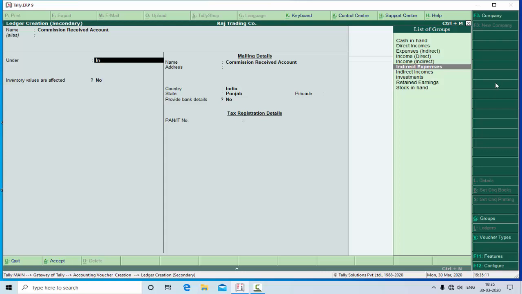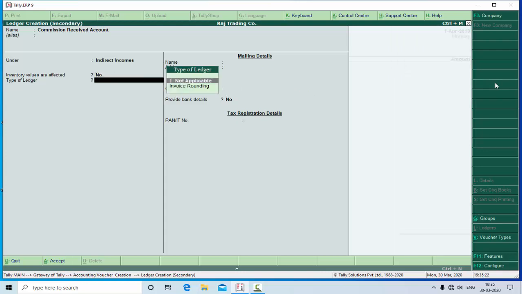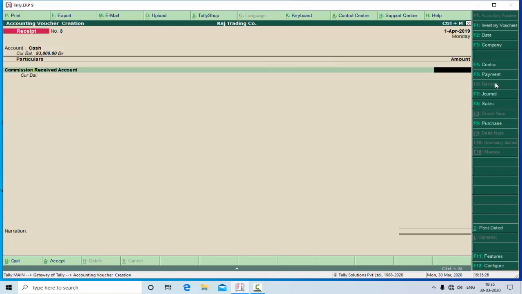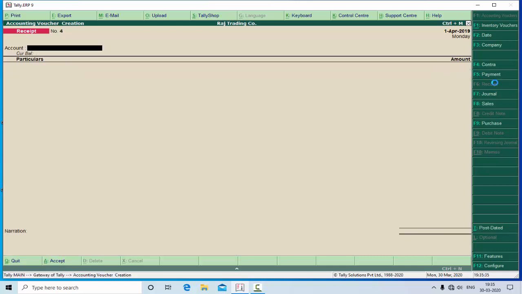The main business income is sale, and other small incomes earned by the business are covered under this indirect income head. So I think you understand how this income account will be created. Enter the amount here, commission received 1000. I think you understand how to record this entry.